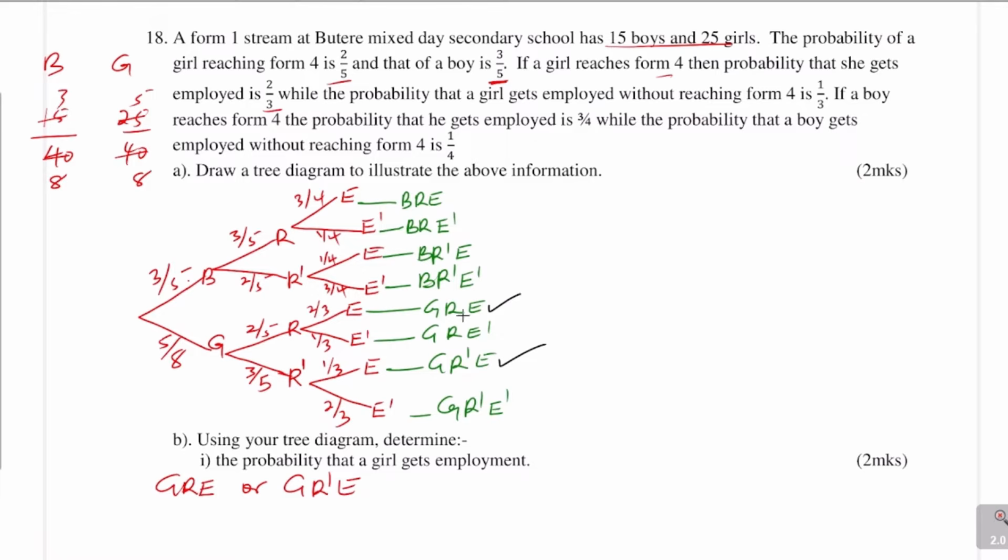So the first one is 5/8. Follow that branch. 5/8 times 2/5 times 2/3. Or the other one, which is here, 5/8 times 3/5 times a third, like that.